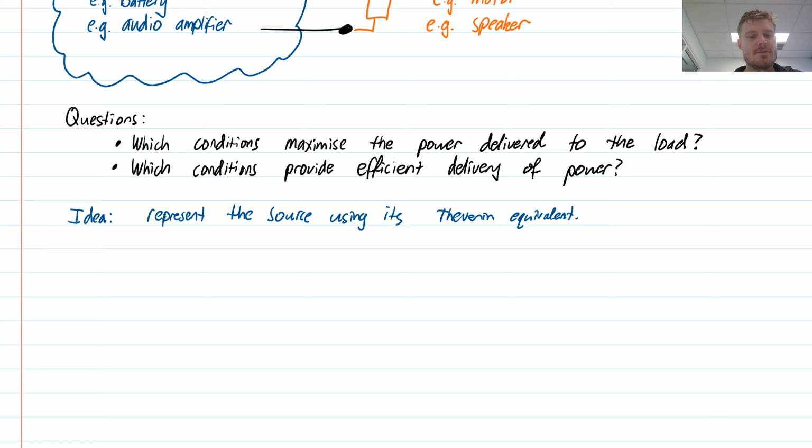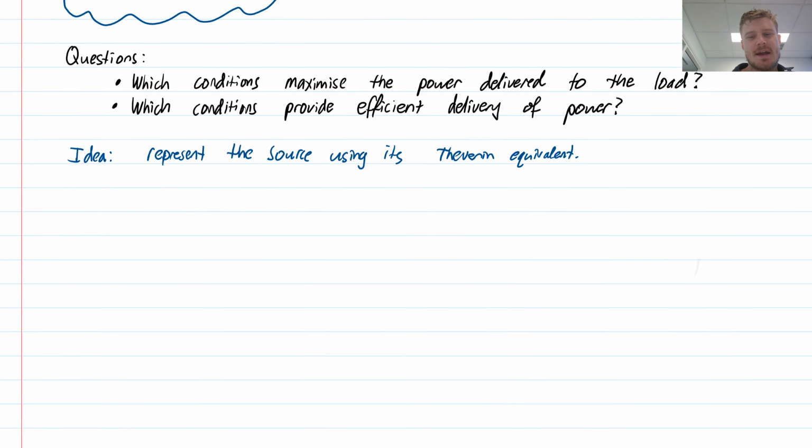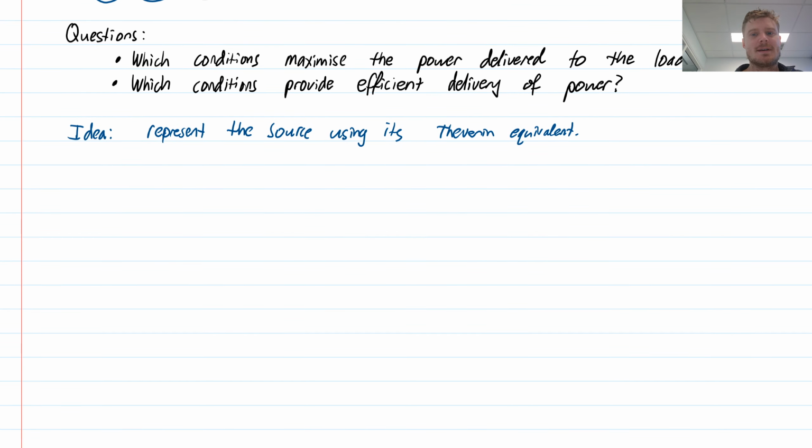And we know that every linear circuit will have a Thevenin equivalent. So this is quite generic reasoning that we can follow. So the Thevenin equivalent circuit for our source would be this, as we remember from previous videos. There'll be an ideal voltage source, and there'll be a series resistor.